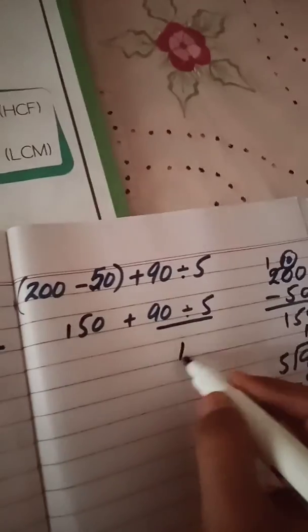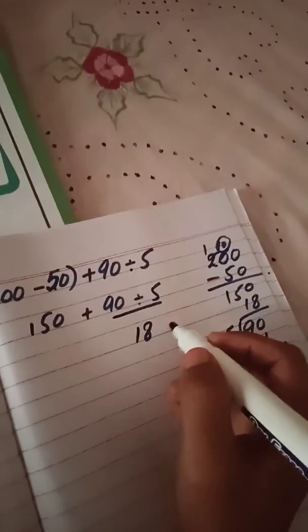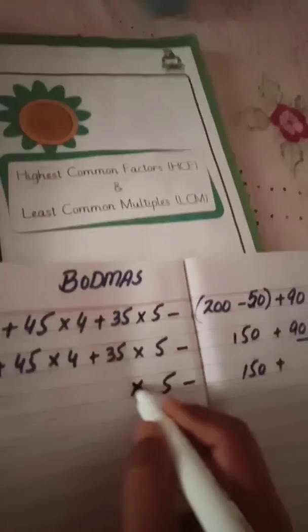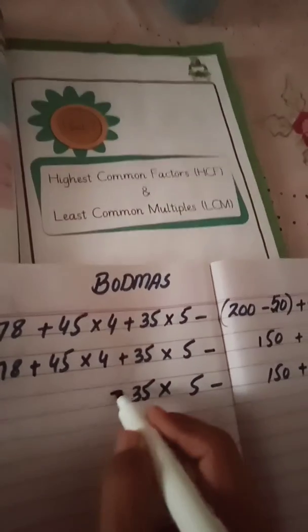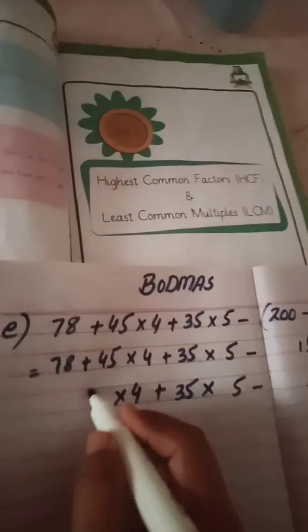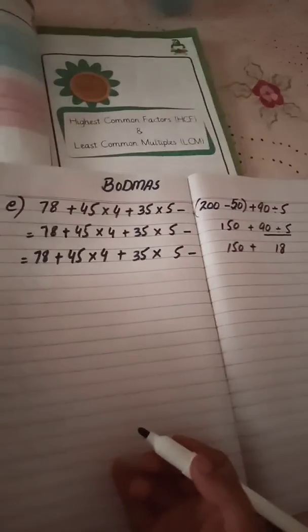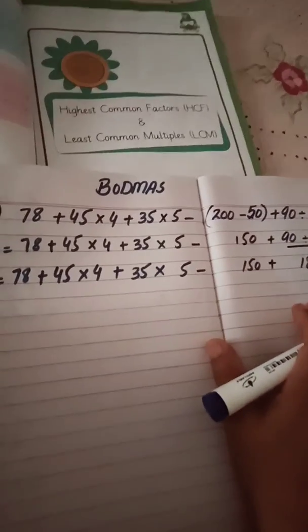So we write here 18 instead of 90 divided by 5, plus 150 minus 5 multiply 35 plus 4 multiply 45 plus 78. Now students, this question is solved up to this level.